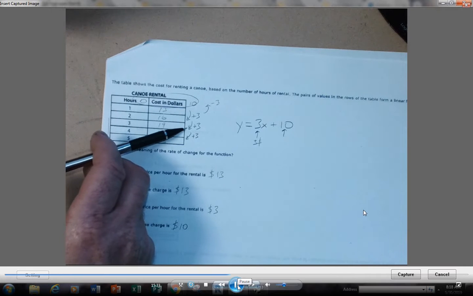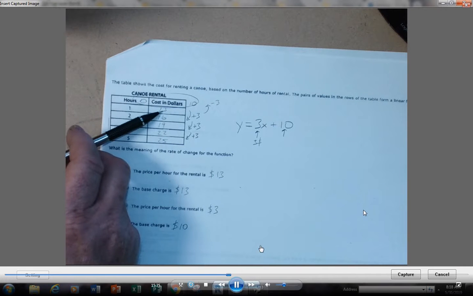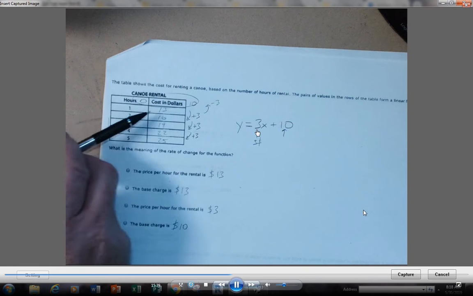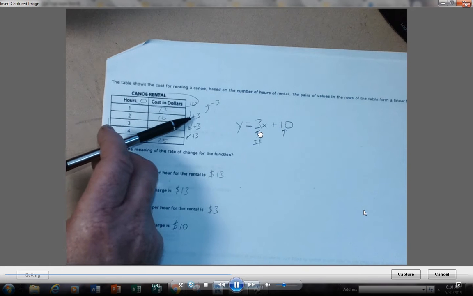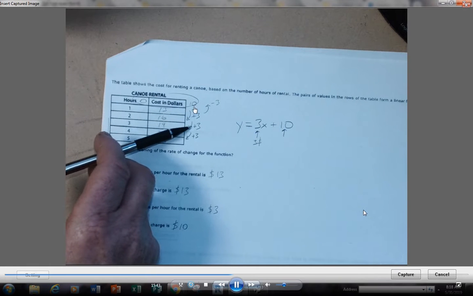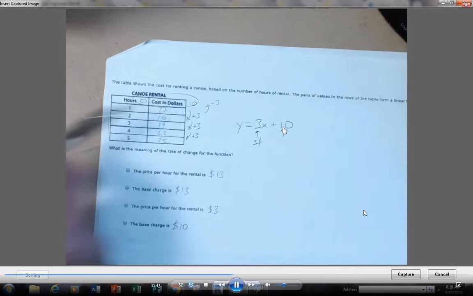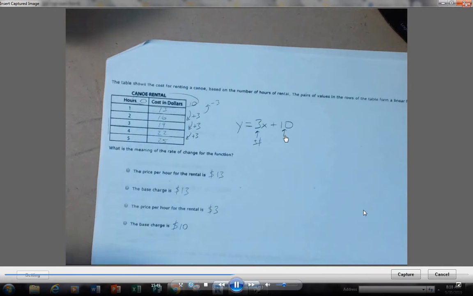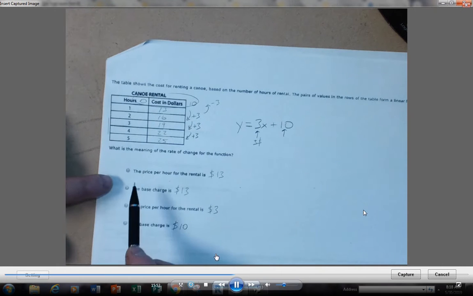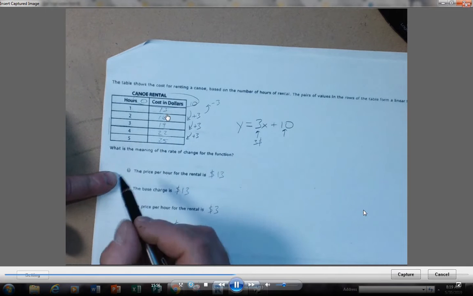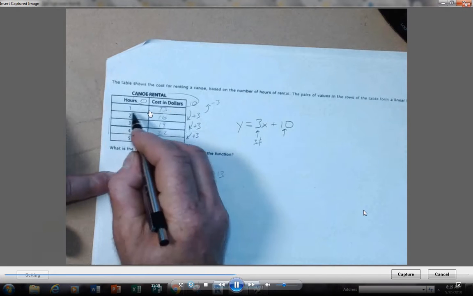So now I can answer these questions. Again, knowing that the $3 going up, that rate of change, is how much you're spending per hour. The y term, the zero term, that 10, that's my base charge, how much I'm spending before I've even started renting. So the price per hour, $13, that's the one they're trying to bait you into choosing.